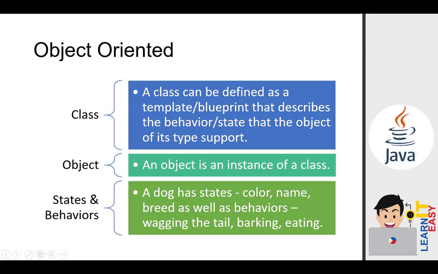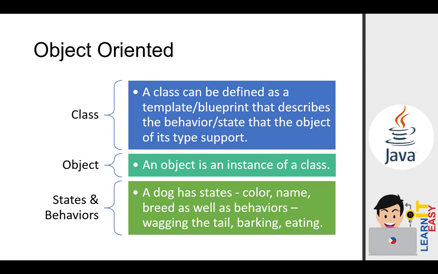All created objects have two things: states and behaviors. When we say states, these are the properties of an object. For example, a dog. Although you might think that a dog is not an object, but rather an animal, this is just for example purposes.